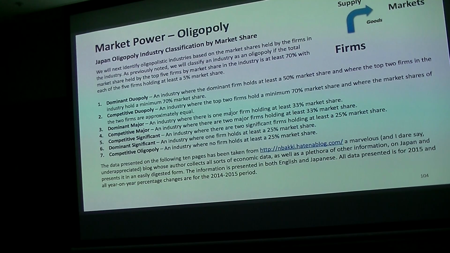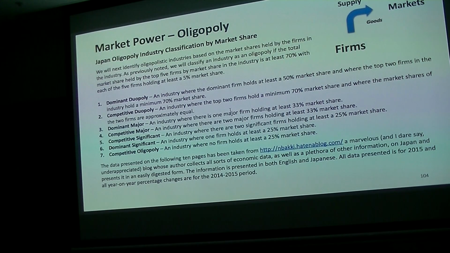I'll classify an industry as an oligopoly if the total market share held by the top 5 firms is at least 70%, with each of those 5 firms holding at least 5% market share. Then I've got a dominant duopoly. Here we're talking about the number of firms.